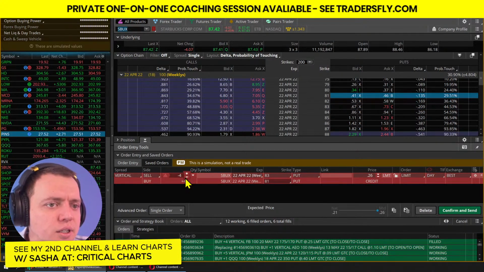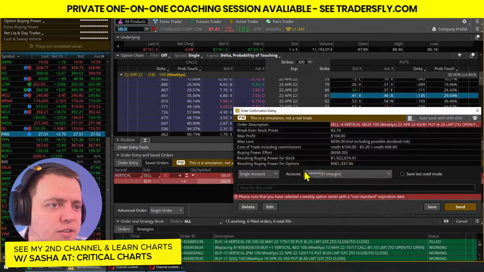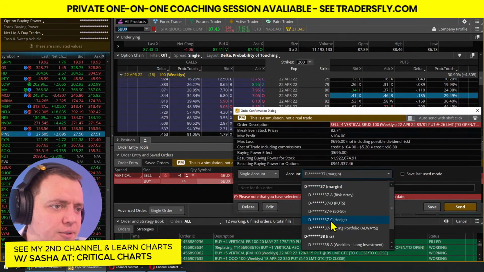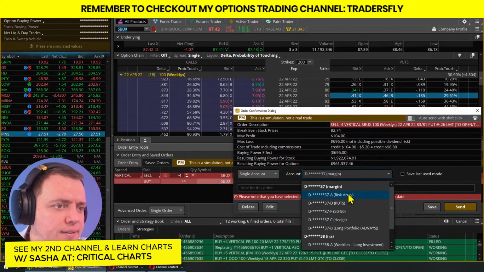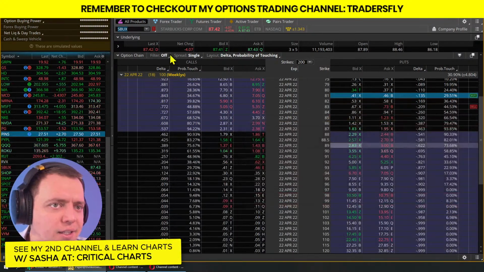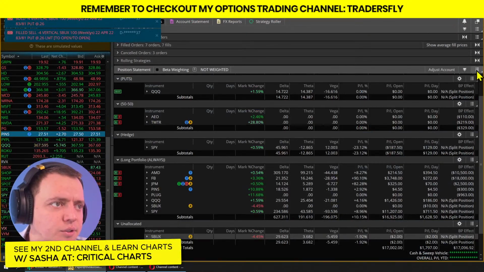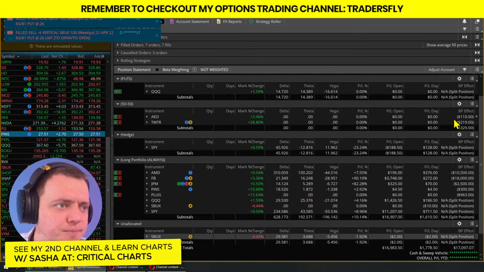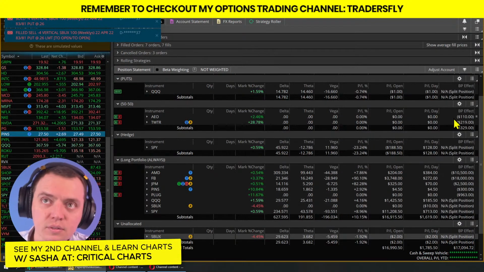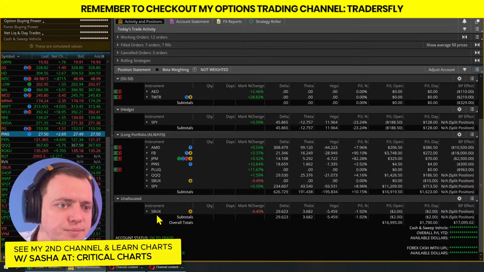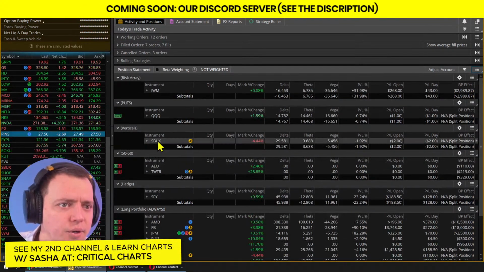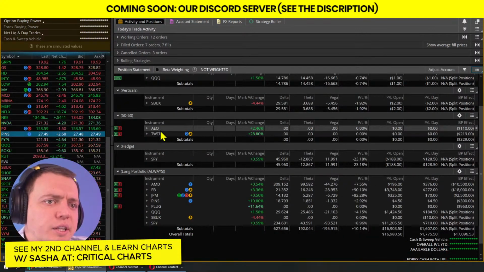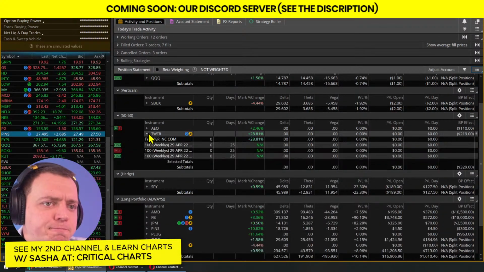Let's go 4 contracts to start, and then you can add to it if it keeps going down. I'm going to do it unallocated, and then we'll do a new group, verticals. There we go. So just building that out right there.